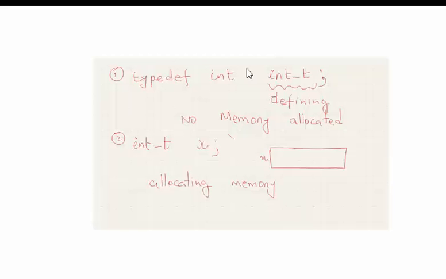And just to show you, here I have declared typedef int int_t as a new data type. This is a new data type, but I'm only defining it as a new data type. I'm not allocating any memory to it.